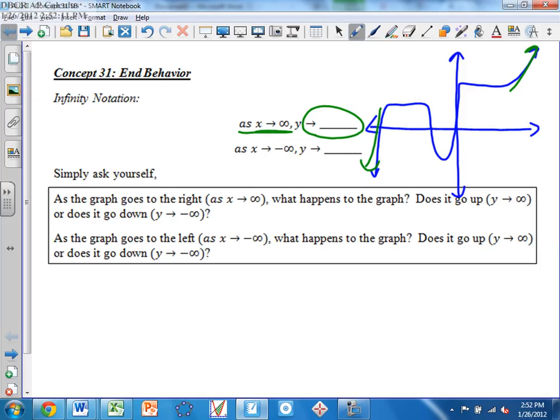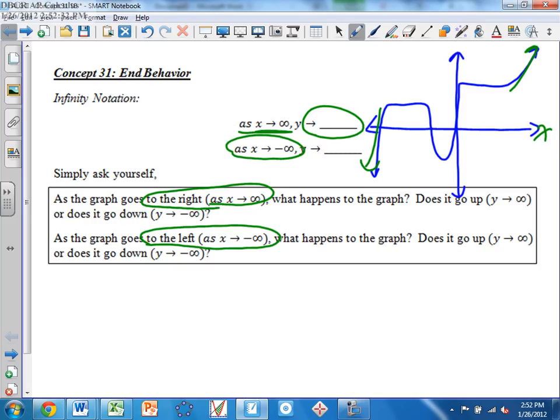Y is vertical. Now, as x goes to infinity, we're talking about what happens as the graph goes to the right. So as x goes to infinity, we're talking about to the right. If we're wondering what happens as it goes to the left, we say as x goes to negative infinity. That's what to the left means. So we have to start by defining that right away.